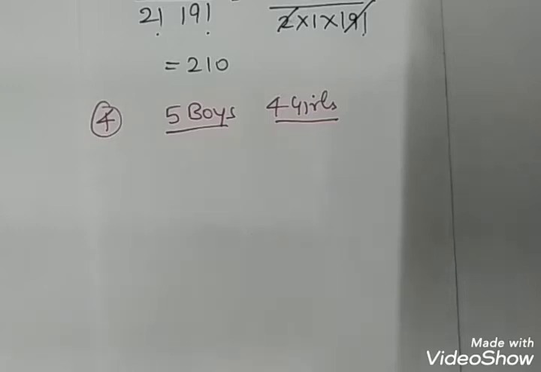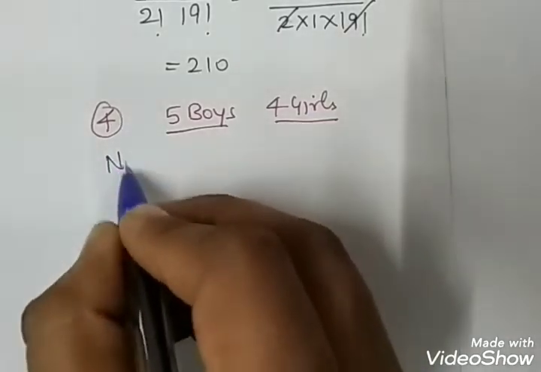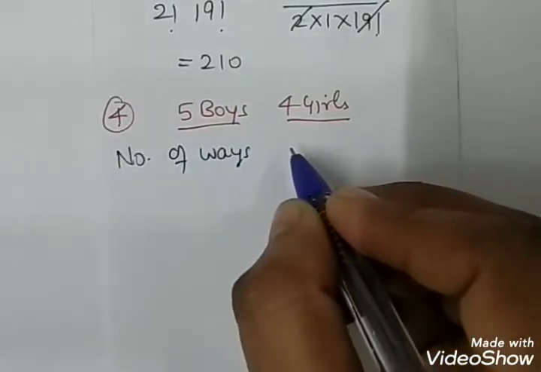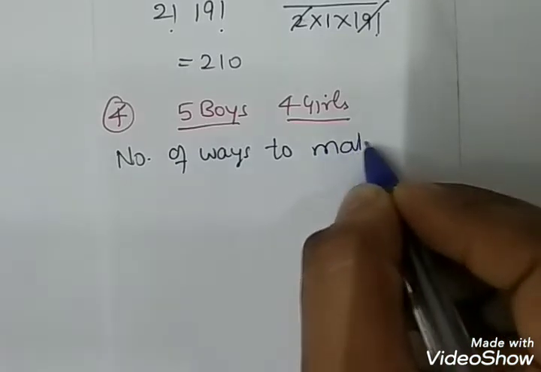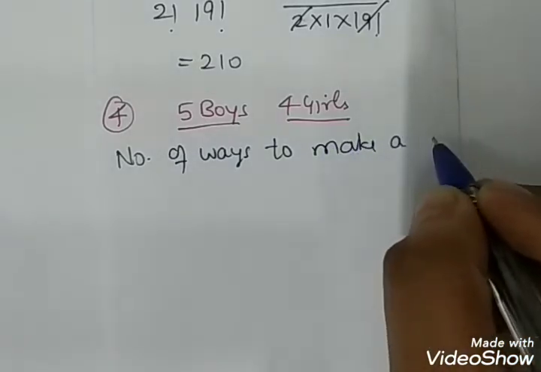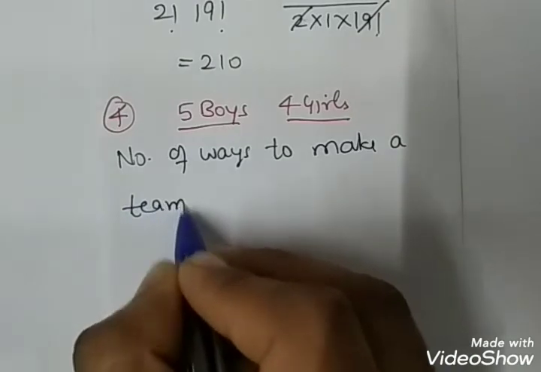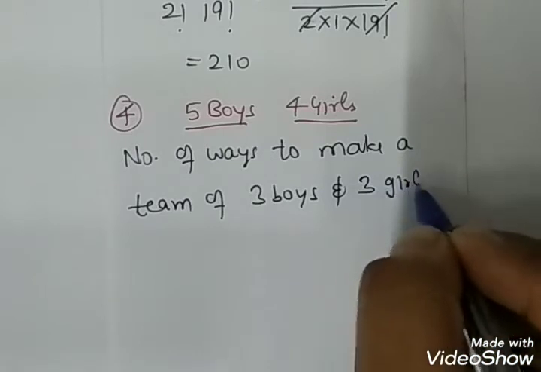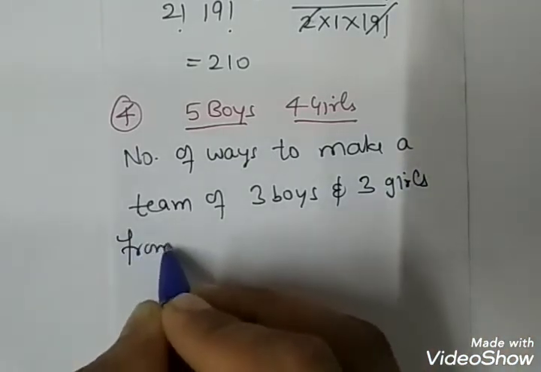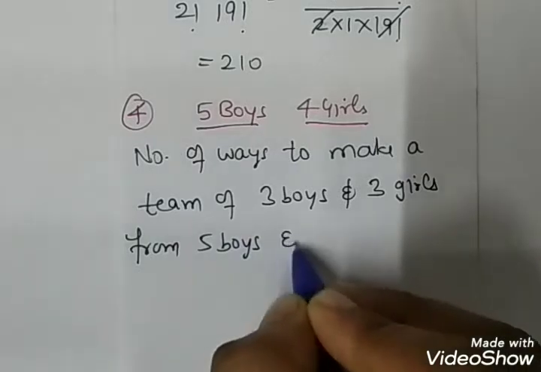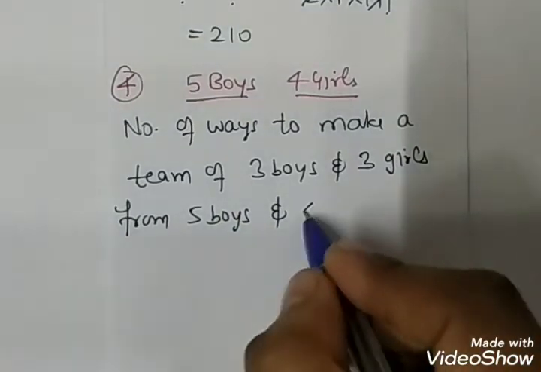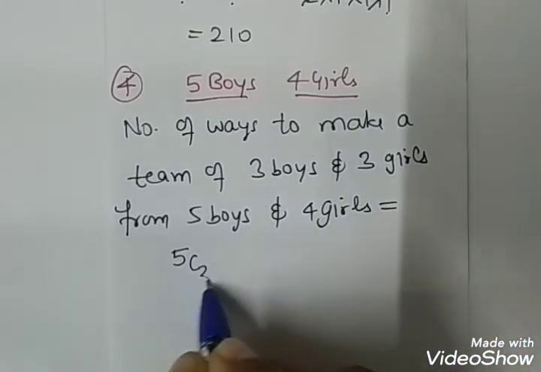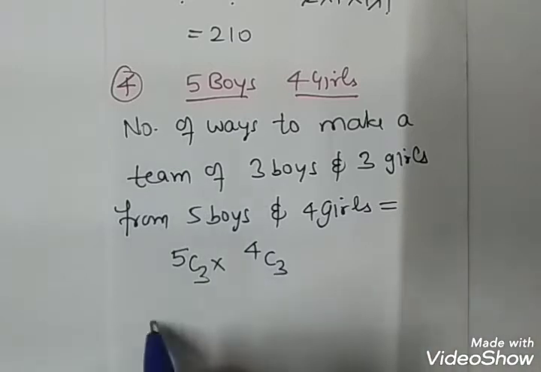The number of ways to make a team of 3 boys and 3 girls from 5 boys and 4 girls is equal to 5C3 into 4C3. What is the value?